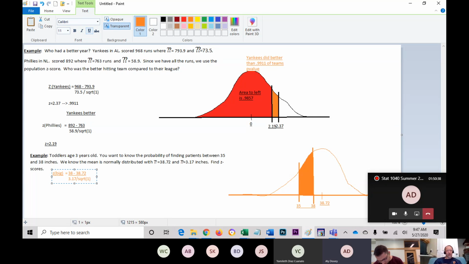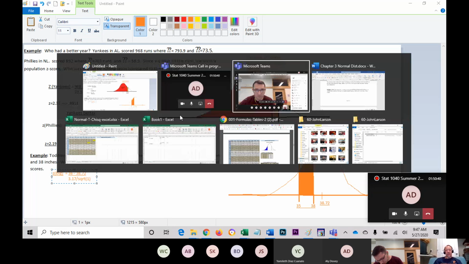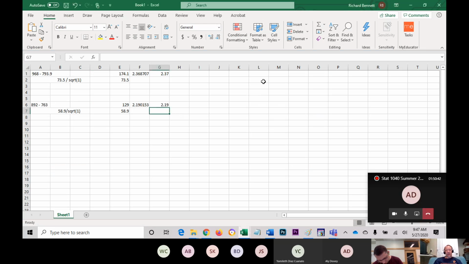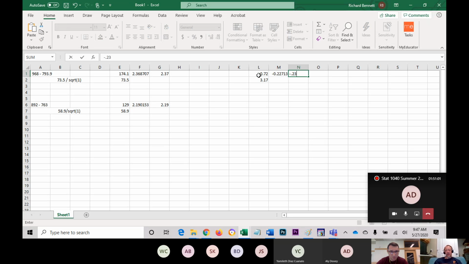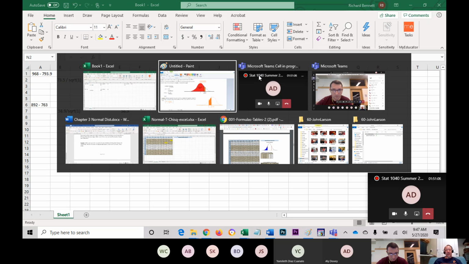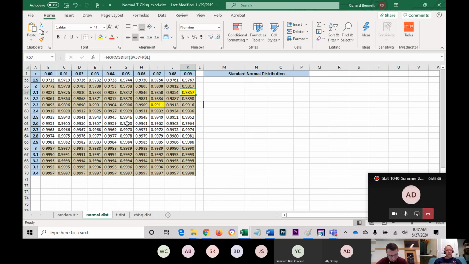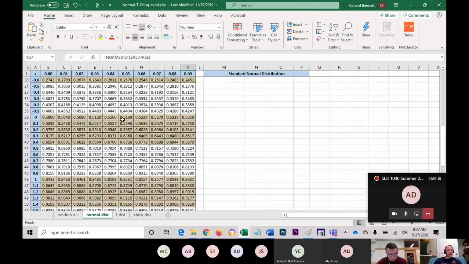Okay. So 38 minus 38.72, if I plug that in here, equals negative 0.72 over 3.17. So that gives me the numerator divided by the denominator, which is negative 0.227. So we're going to round that to negative 0.23. Okay. So we need to look up that value on our chart.